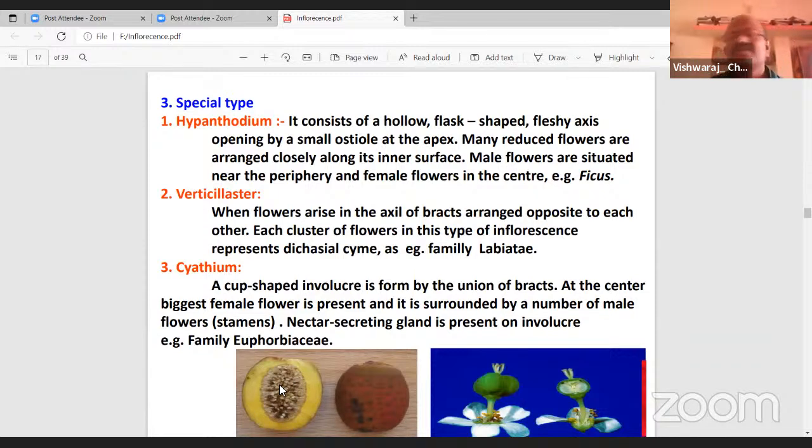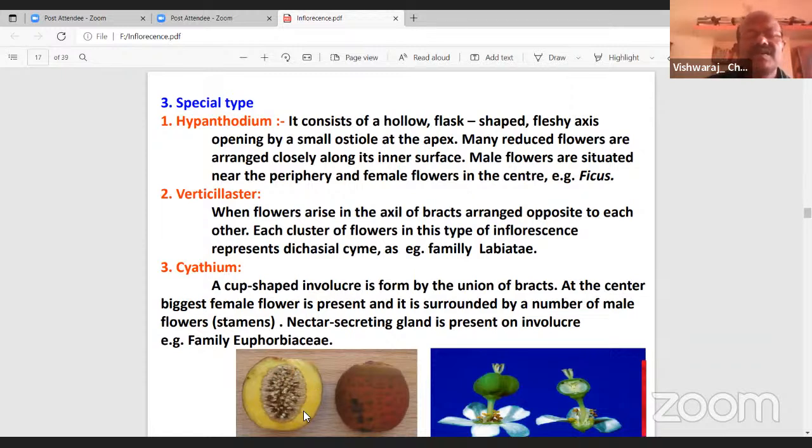In Ficus, that is a special type. Flowers are not produced on branches or on leaves or stalk, but flowers develop inside the fruits.